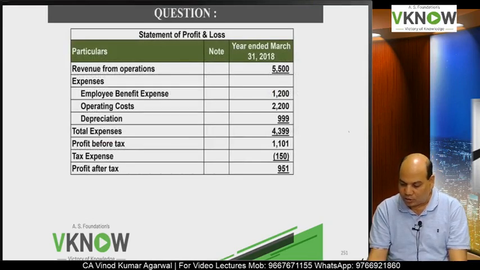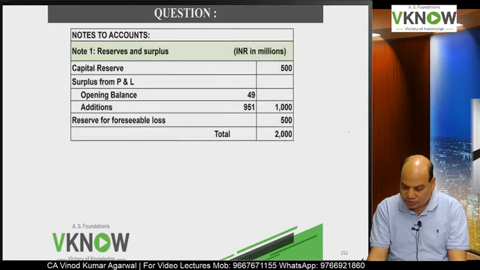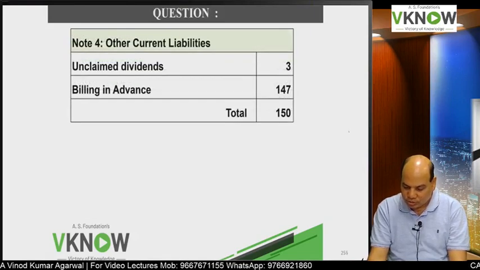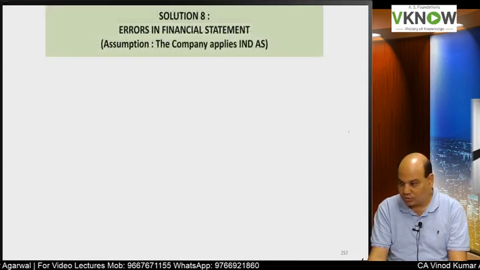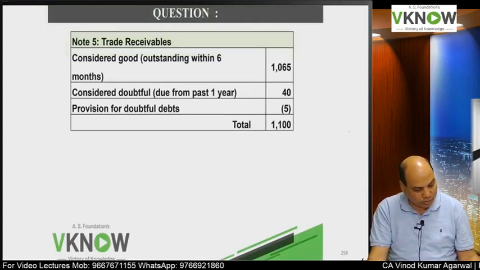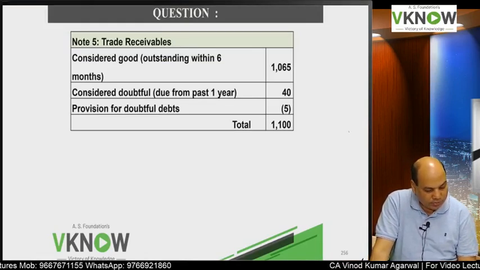And then the P&L account is exactly the same, I am not reading it, and exactly the same note 1, note 2, note 3, note 4, note 5. Such a copy paste company, sorry, institute. And then what you are supposed to do: additional information, one same copy paste.